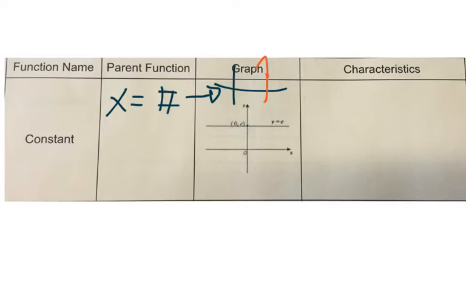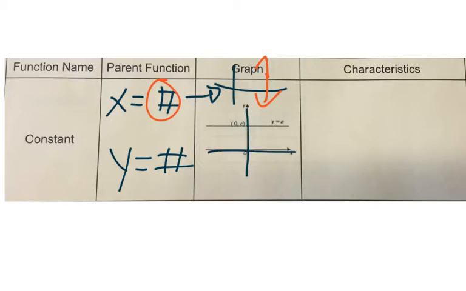So that would be a vertical line at whatever the number is. And the other parent function would be y equals a number, and that would be a horizontal line wherever the number is. So this line right here would be whatever this number is.